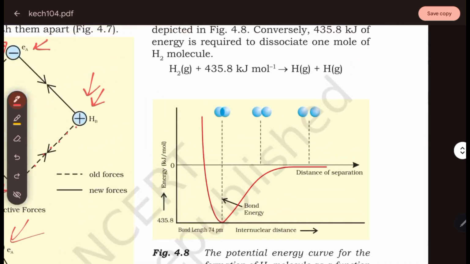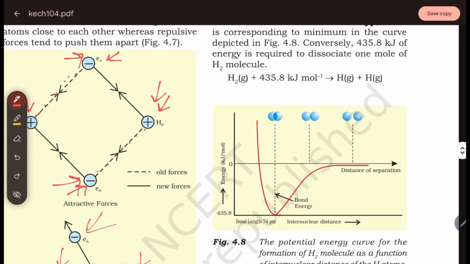So this is the energy profile. Let us understand the energy profile. You visualize it from right to left. If we assume these are the two hydrogen atoms, they are approaching, they are coming closer, which means the distance of separation between the two is decreasing.